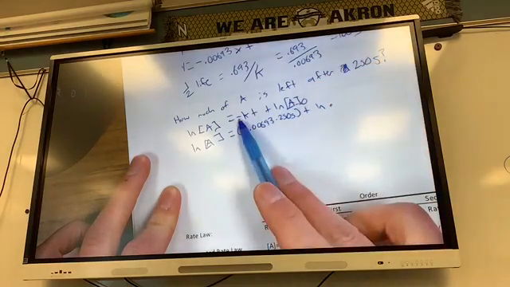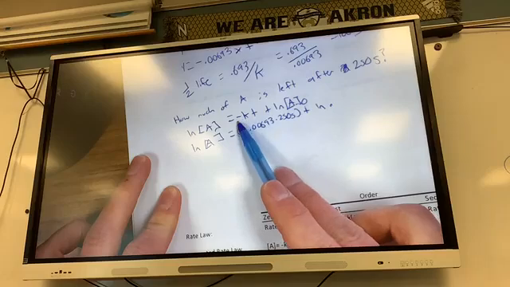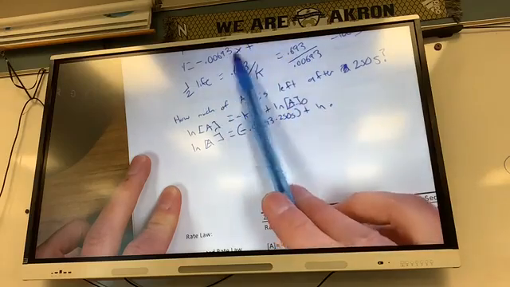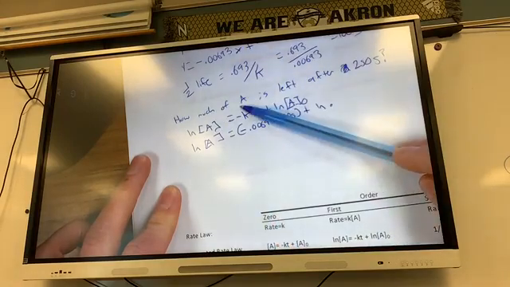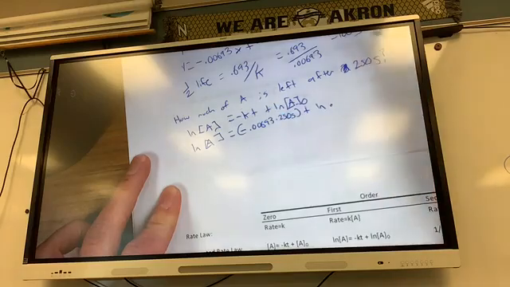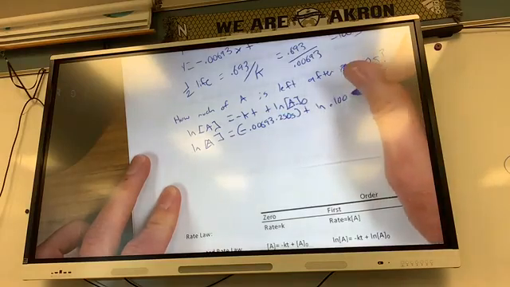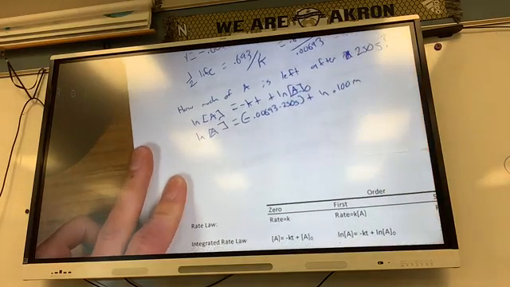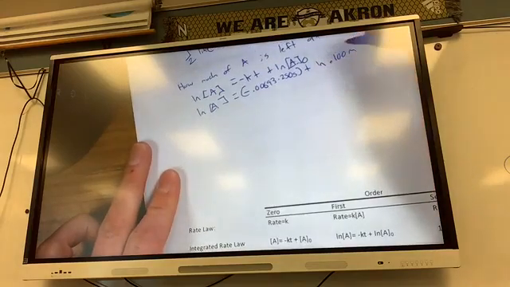Or wait, well, this is just the negative of K. Yeah, and K is negative already, or would it be switched because the slope? Well, my slope was negative, so it's putting it negative again, right? Plus natural log of 0.100 molar. Does that make sense where I got all of those numbers?